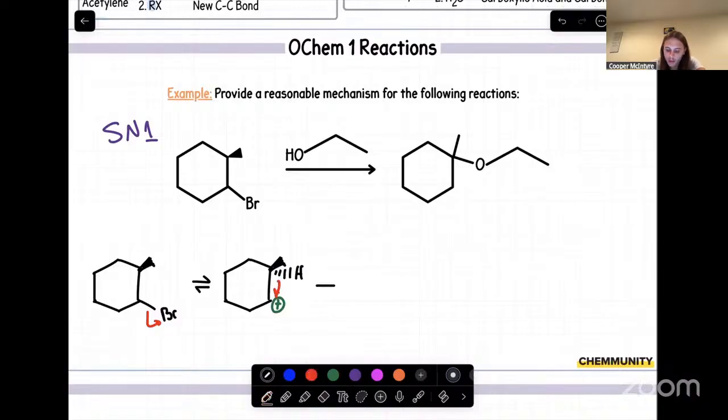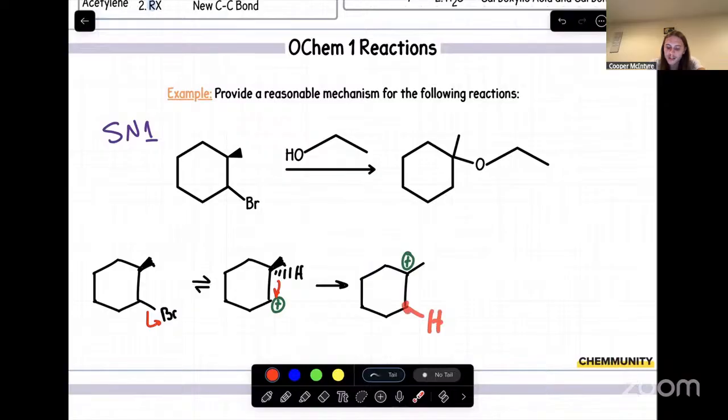So we'll draw out our single-headed arrows. I'm going to copy and paste that cyclic structure. And by doing that, we now formed a tertiary carbocation and we added a hydrogen to this secondary carbon. Now, one question you may be asking is why did I get rid of our wedged notation?